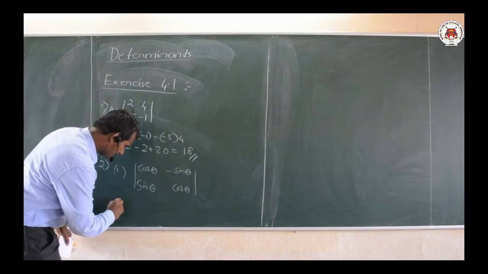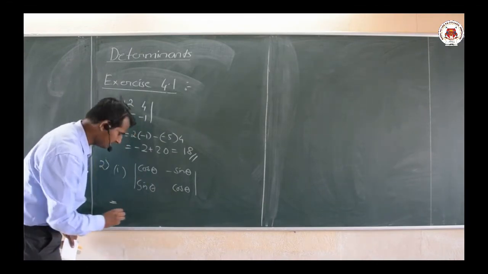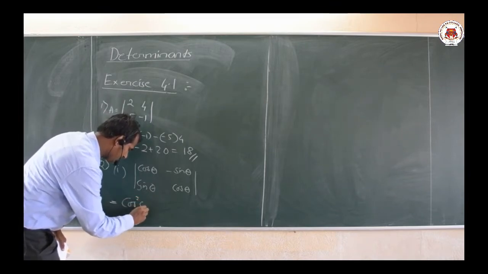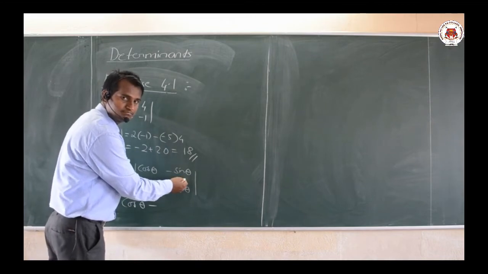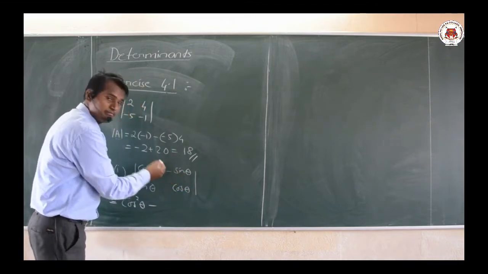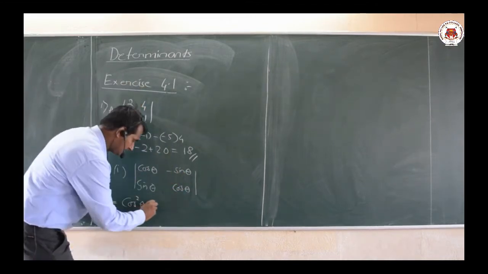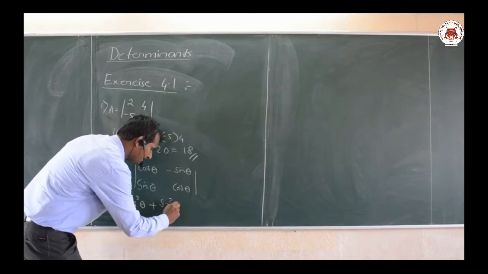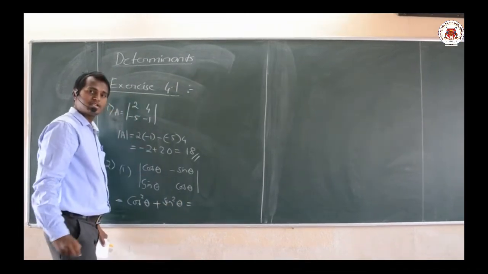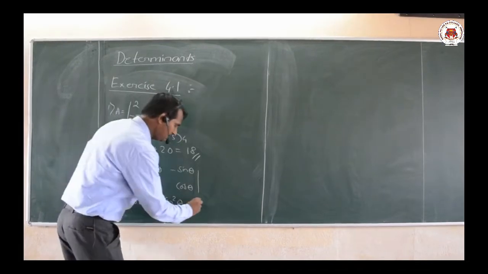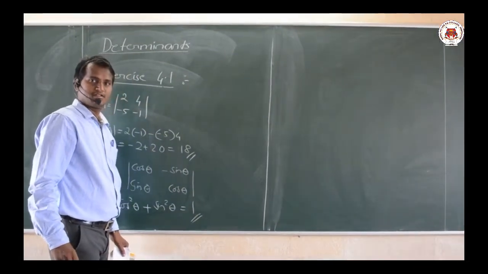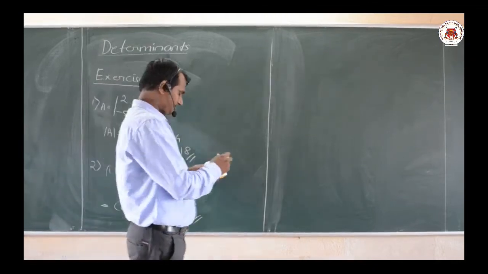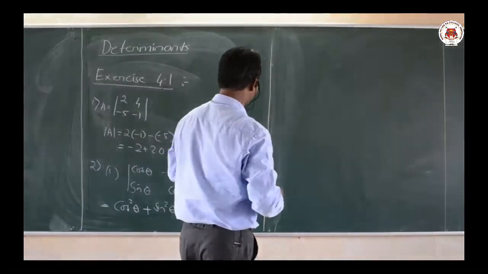So what we get here is cos into cos, that is cos square theta, minus of sin into sin, that is sin square; minus into minus we have plus. So we get cos square theta plus sin square theta. Now what is the value for it? Sin square plus cos square value will be 1. That is your required result. Okay, next problem.